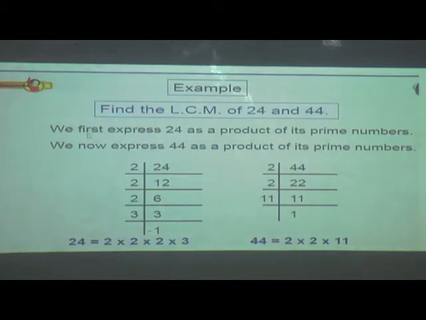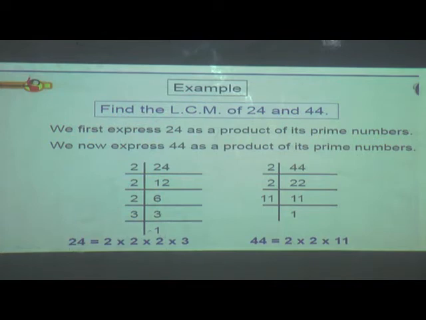Example. We first express 24 as a product of its prime factors, and then 44. We solved this example earlier to find HCF, but here we are going to find the LCM. 2 ones are 2, 2 twos are 4, we got 12. 2 sixes are 12, we got 6. 2 threes are 6, we got 3. 3 ones are 3.